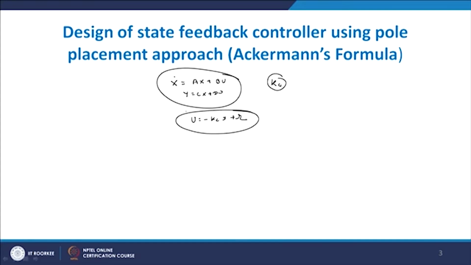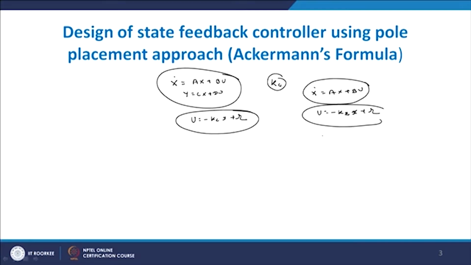All this methodology of designing the controller is concerned with the equation x dot equals Ax plus Bu, and the control law u equals minus Kc x plus r. These are the relationships between them.